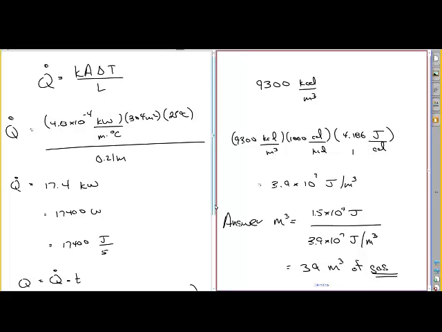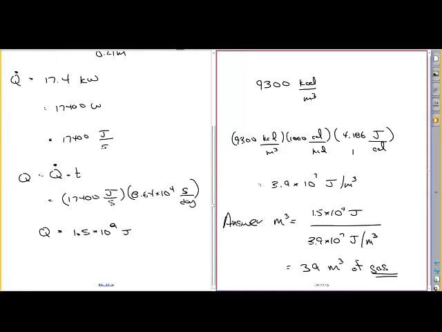So we take the total amount of energy that we need to maintain the 25-degree temperature difference, and we divide by this joules per meter cubed, because that gives us the number of meters cubed. If I take 39 times this, then I get that number. That's what I need.